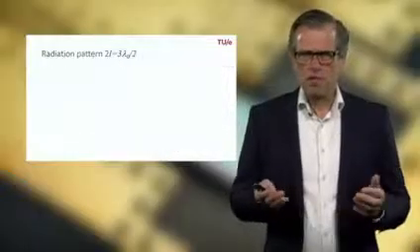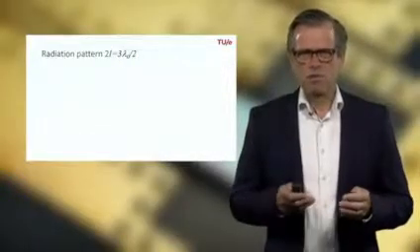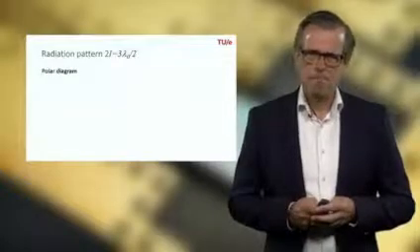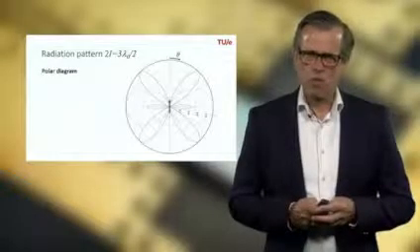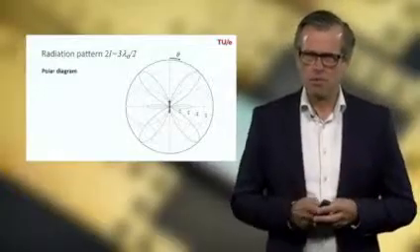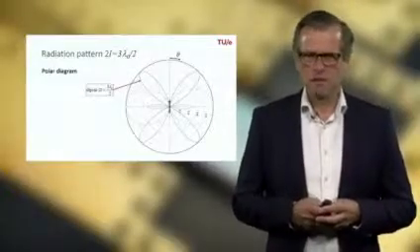If you further increase the length of the dipole, so for example to 1.5 times the wavelength, and again plotted in a polar diagram, we observe something interesting. We get multiple maxima for the dipole.